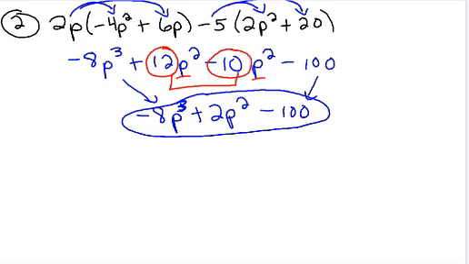Now there's one other thing that you're going to be asked to do tonight, and that's solve. And when we're solving, you're going to have to use the skill that we just learned and then solve the equation.